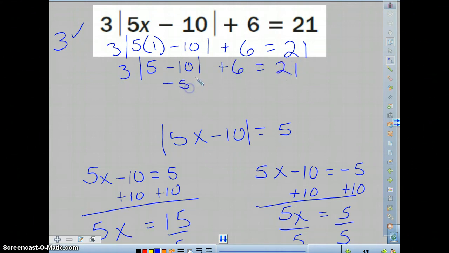That's going to be a -5 right there. And you might be saying, well, this isn't going to work because it's a negative. That's going to be -15 plus 6 is -9. But you got to remember, that negative sign is going to go away once we take it out of the absolute value. So it becomes a positive 15 because it's positive 5 times 3. And then plus 6 is 21. So 3 checks and 1 checks.